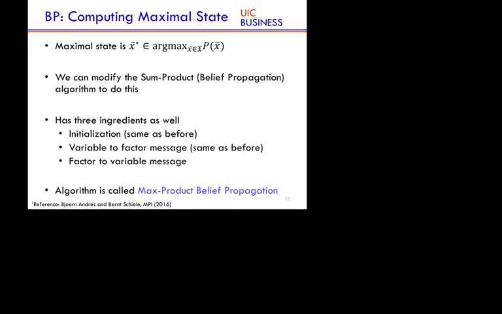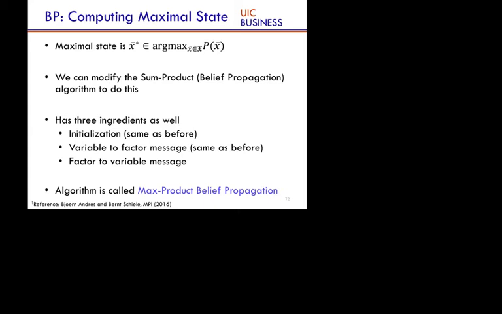In this case, what we want to find is an answer to this question: find that configuration which maximizes, for example, the probability number that is assigned to that configuration.